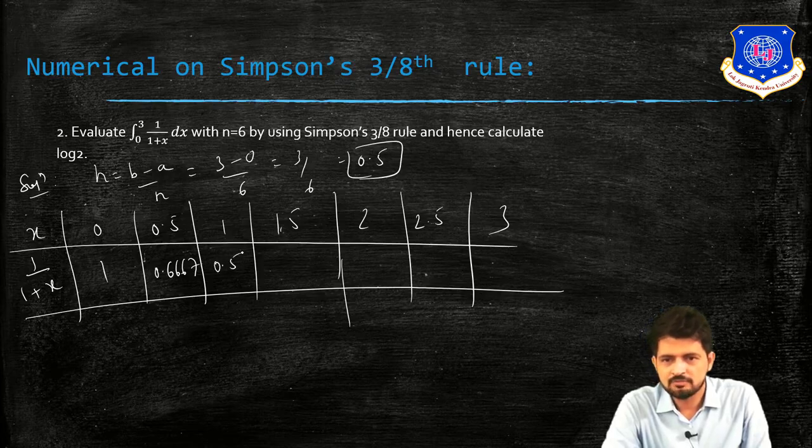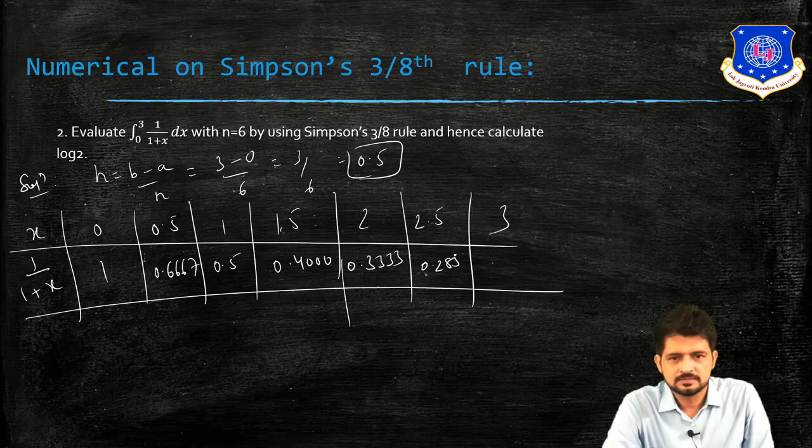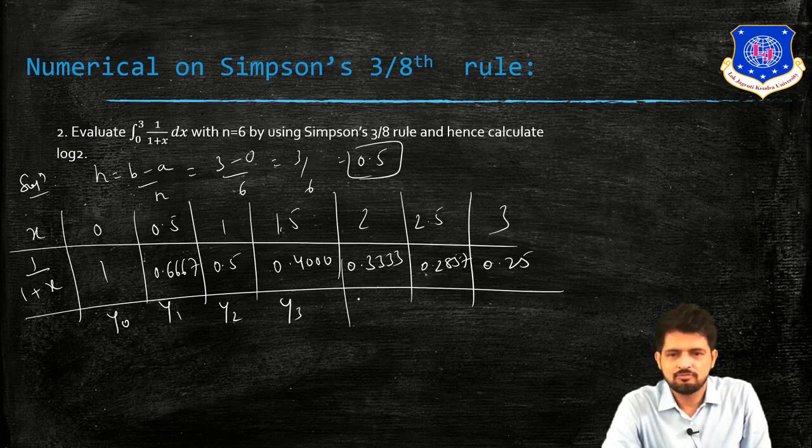Then 1 upon 1 plus 1, 1 by 2, that is 0.5. Then 0.4000, 0.3333, 0.2857, then 0.25. These are the numbers y0, y1, y2, y3, y4, y5 and y6.